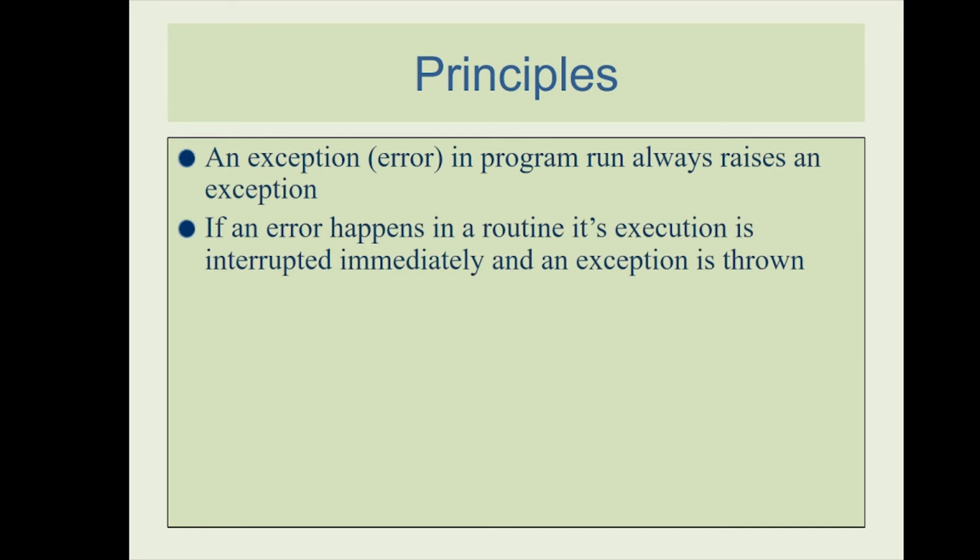So if this kind of error happens in a subroutine or wherever in the program path, the execution of that current subroutine is interrupted immediately, and instead this exception is thrown. So this means the message of error is generated, and then that message is sent higher in the program path.